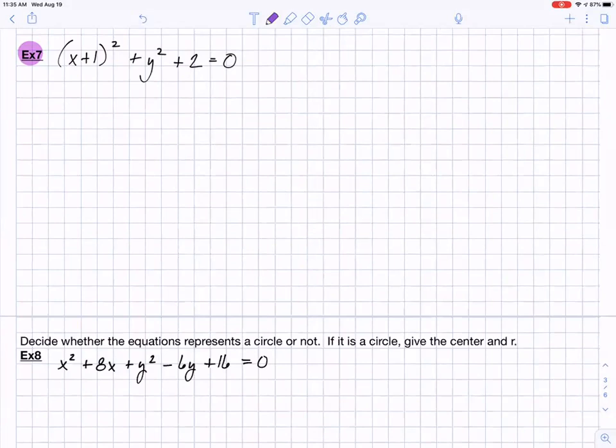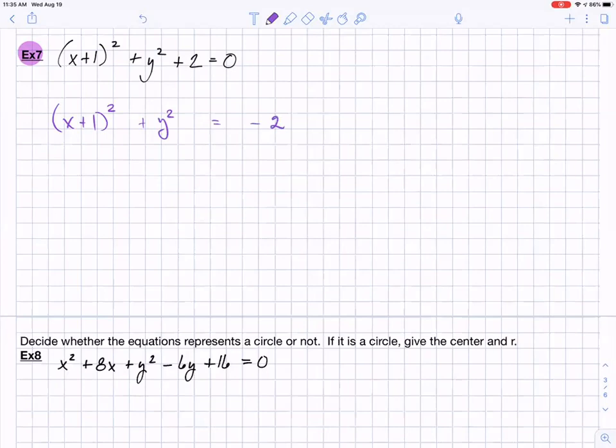So step number 1, get it in standard form. Now, it's almost in standard form, so what should I do to get it in standard form? Move the constant. All right, so if I move the constant, I'm going to have (x + 1) squared plus y squared is equal to -2.